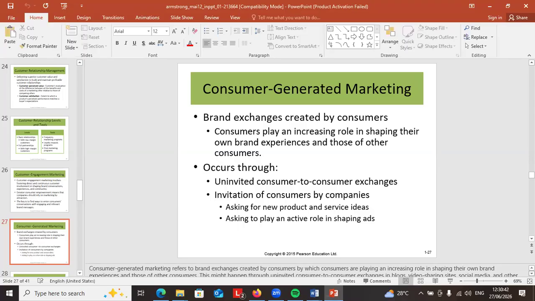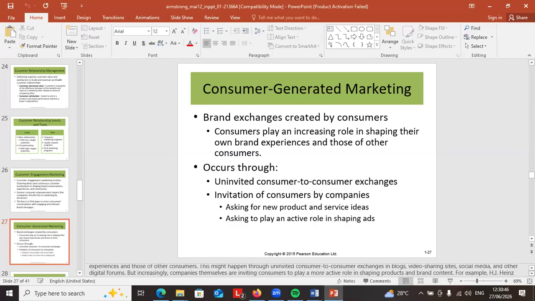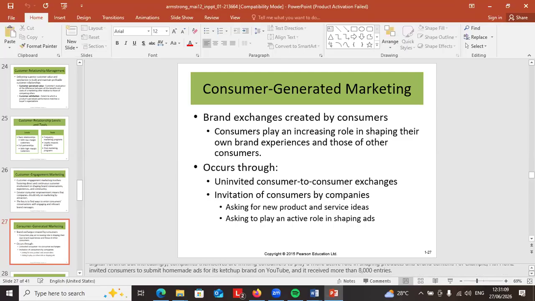This might happen through uninvited consumer-to-consumer exchanges in blogs, video sharing sites, social media, and other digital forums. But increasingly, companies themselves are inviting consumers to play a more active role in shaping products and brand concepts.